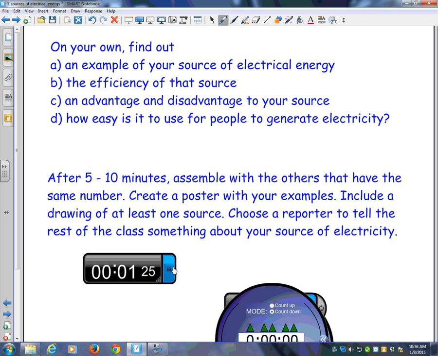One side is heated up, the other side is cool, and it creates electricity. It's a small effect, so we're not going to use it to generate voltage. Just say up here, say the thermoelectric effect can produce electricity from a difference in temperature.